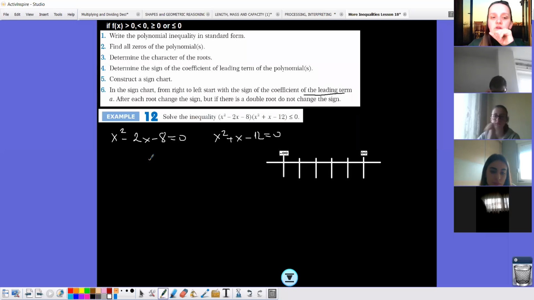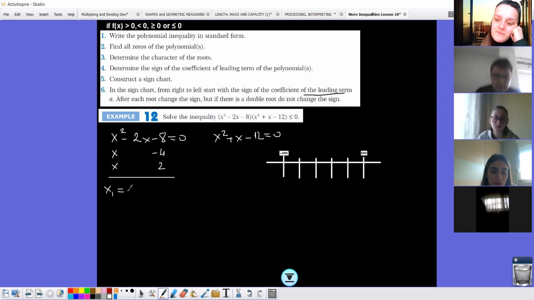Now, can I factorize this? This is x, and 4, 2, with minus 4. Then x1 will be 4 and x2 will be minus 2.